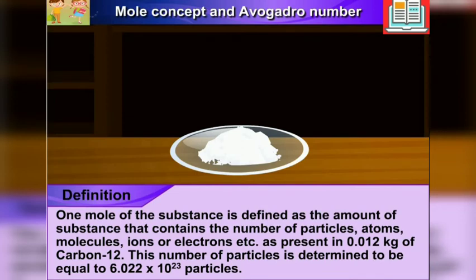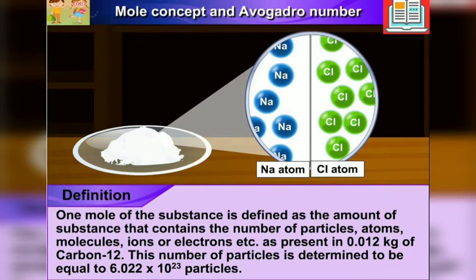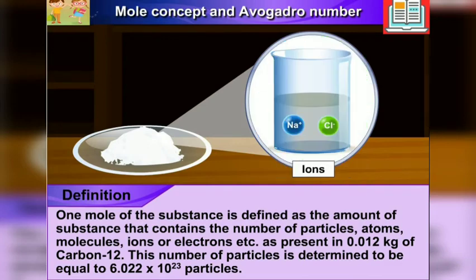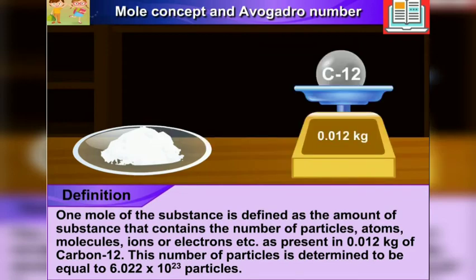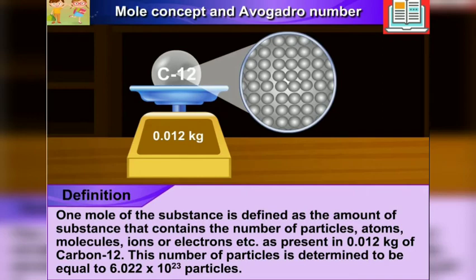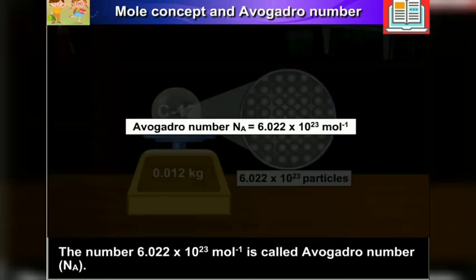1 mole of a substance is defined as the amount of substance that contains the number of particles, atoms, molecules, ions, or electrons etc. as present in 0.012 kilograms of carbon-12. This number of particles is determined to be equal to 6.022 times 10 raised to 23 particles. The number 6.022 times 10 raised to 23 per mole is called the Avogadro number, N_A.